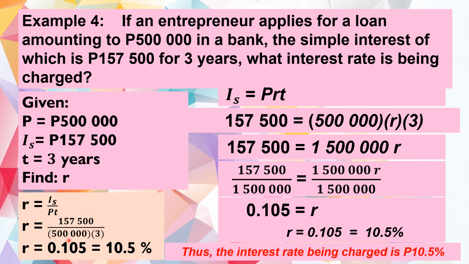So, simplifying this, we will get 0.105, and converting this decimal into percentage, i-move lang natin yung decimal point twice to the right. So, 1, 2. So, we have now 10.5%. As you can see, we got the same answer. So, I use this formula, the simple interest formula, instead of this formula so that I would no longer memorize another formula. But whichever is the easiest for you, yun ang gamitin nyo since we will get the same answer.